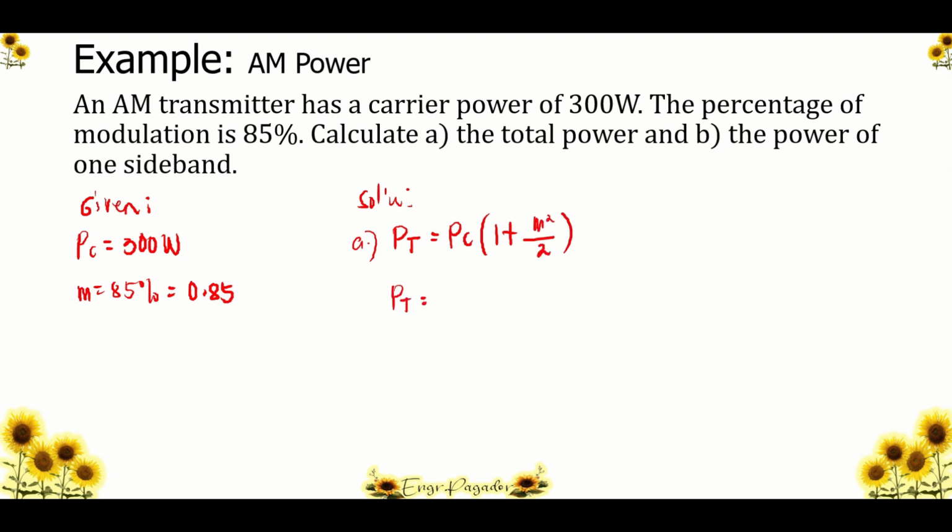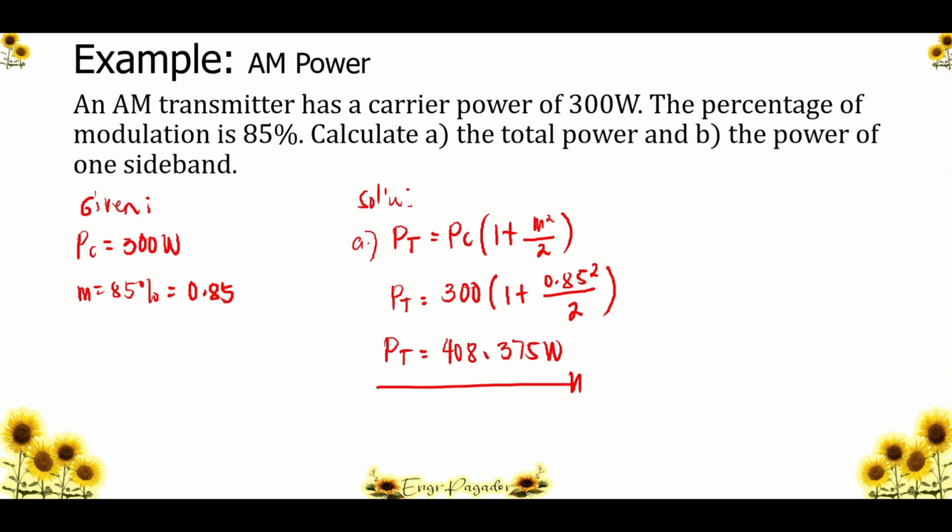So, substituting the given parameters to the formula, that is equal to 300 times 1 plus 0.85 squared divided by 2. So, the total power is equal to 408.375 watts. So, that is letter A.